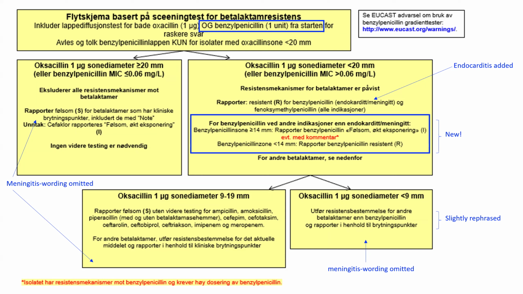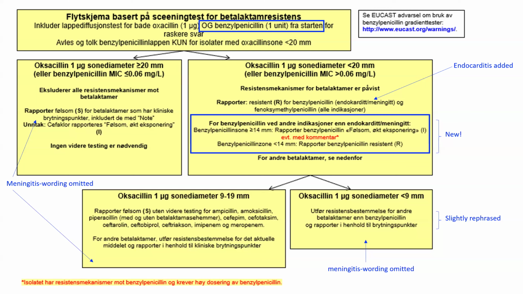And if this is then susceptible, increased dosing, then we put, and that's in red, since this is what we have in the NordicAST flowchart and not in EUCAST, that we recommend that you should consider adding a comment to the clinicians just to make sure that they remember to use high enough dosing.